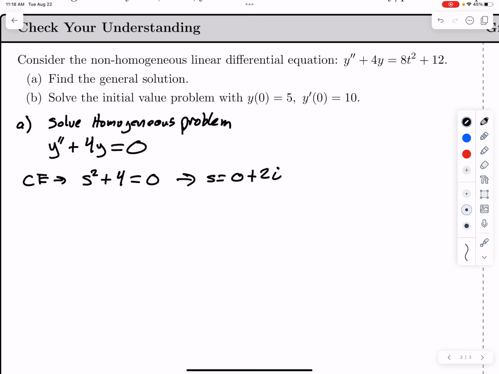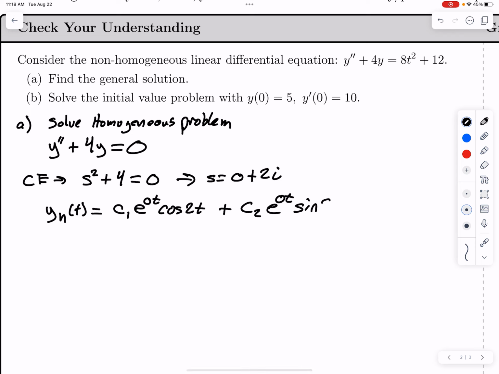So my homogeneous solution is going to be c1 e to the 0t cosine of 2t and c2 e to the 0t sine of 2t, right? That's when you have complex roots, you get an e to the αt cosine of βt and an e to the αt sine of βt.